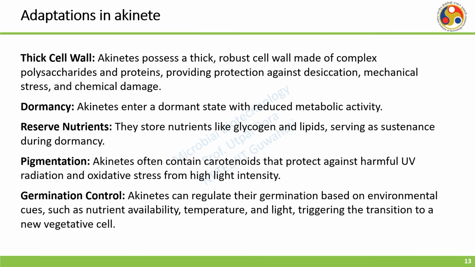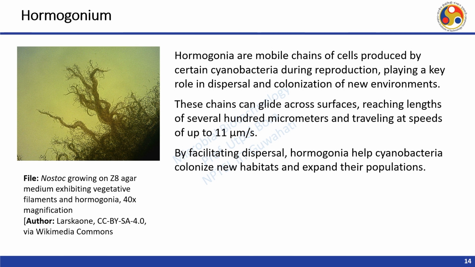And they have germination control. Akinetes can regulate their germination based on environmental cues such as nutrient availability, temperature and light, triggering the transition to a new vegetative cell. Let us now discuss the Hormogonium.